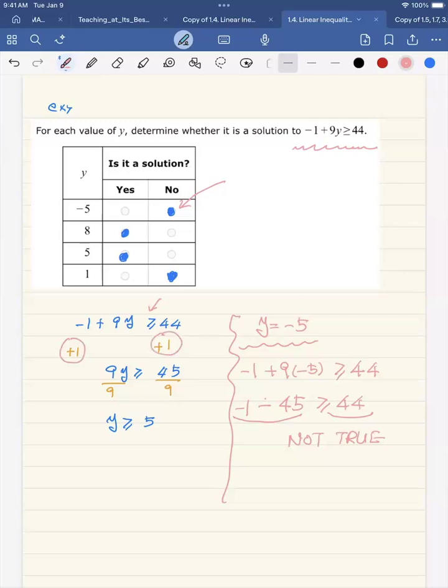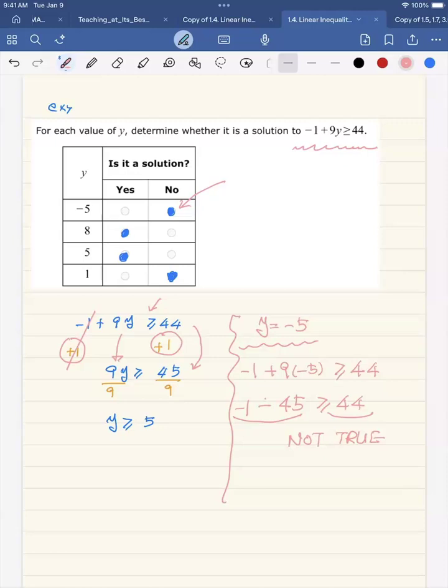So the right side became 45 and the left side became 9y. Why? Because those two will cancel each other. To remove 9 from the left side, I divide by 9 on both sides.